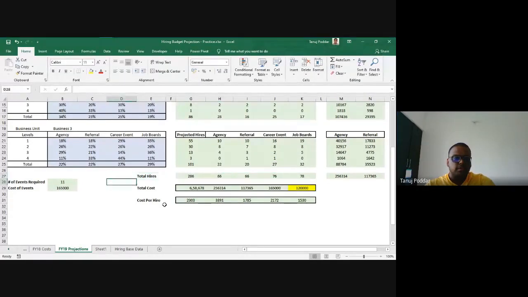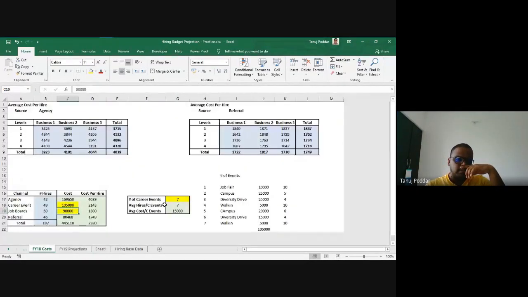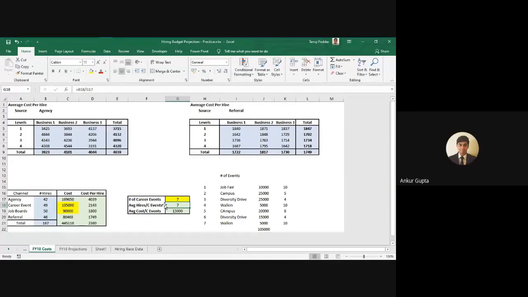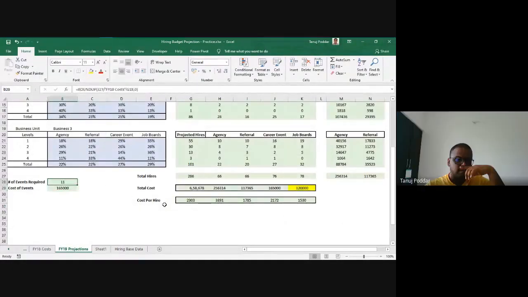So now for hiring 76 people, how many career events do we need to plan to visit? Okay. So last year I hired 49 people from 7 events, right? So on an average, I was able to hire 7 people from one event. Yeah, I got it. Similarly, for 76 people, I'll need 11 events.